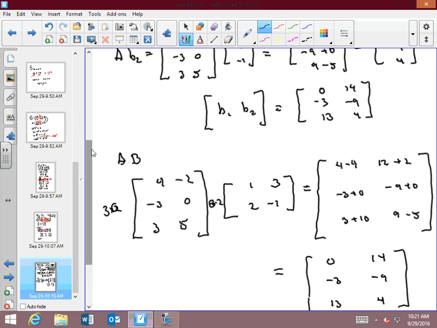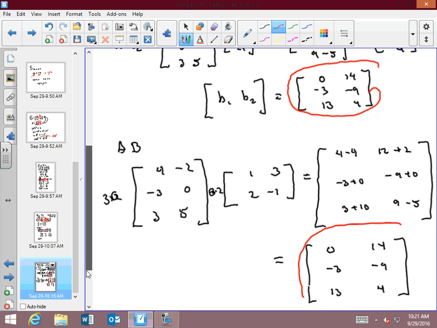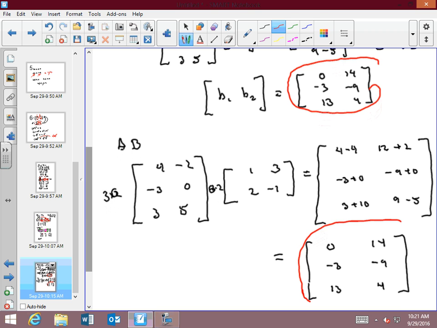It's this one right here, and this one right here. So just showing us that it doesn't make any difference whether you multiply the vectors or multiply out the matrices. You're going to get the same thing.